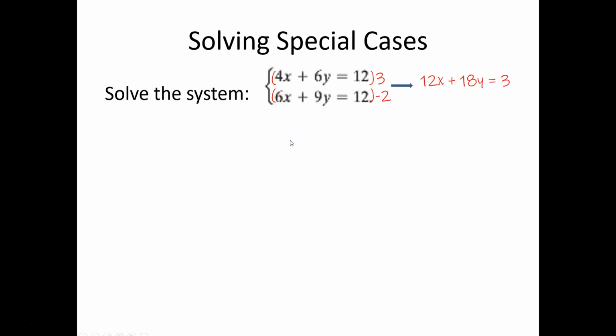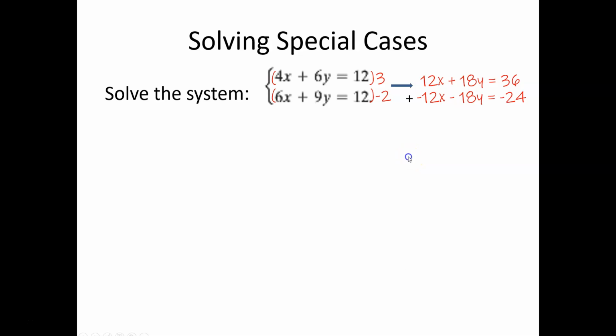So then we get 12 and -12. Well, we have to multiply all the way across. So we get 3 times 4 is 12, 3 times 6 is 18, 3 times 12 is 36, -2 times 6 is -12, -2 times 9 is -18, -2 times 12 is -24.